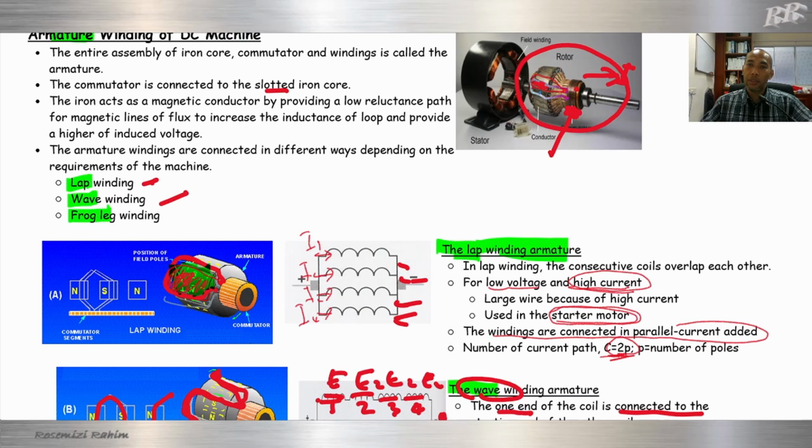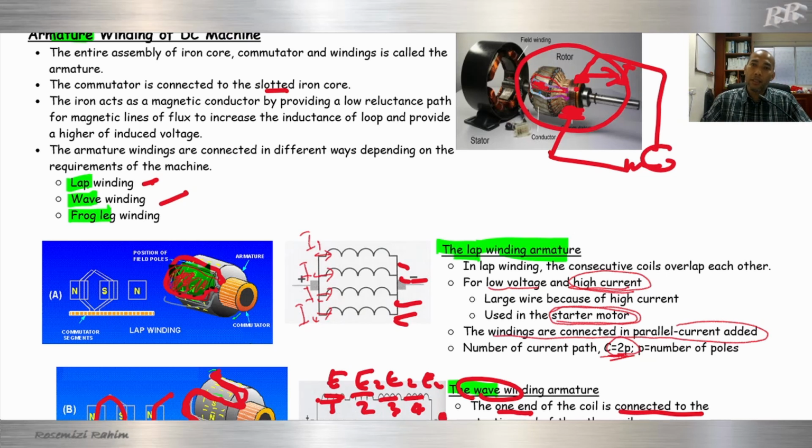This one we call brushes. These brushes connect the commutator with the external circuit.